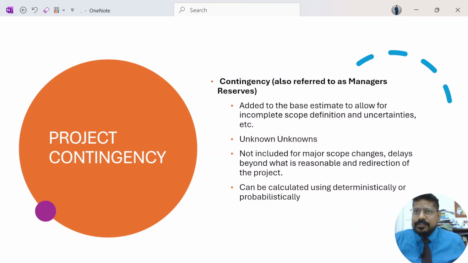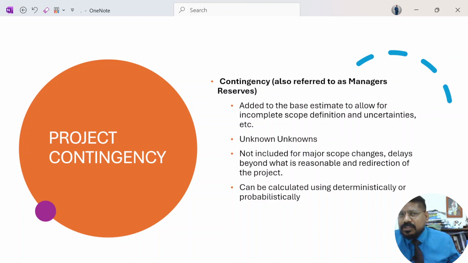However, let's say things are going haywire. Now let's say this project is not even getting completed within 80 CR due to some unforeseen circumstances.